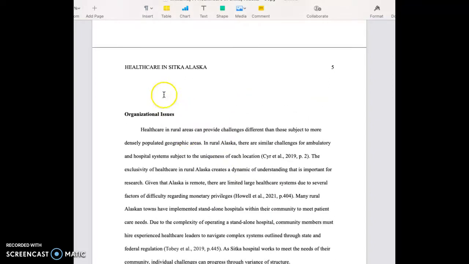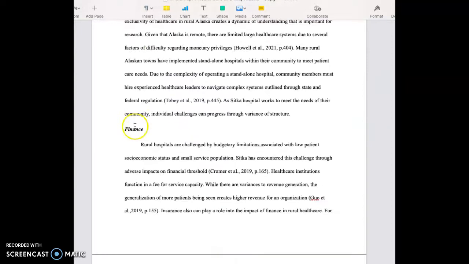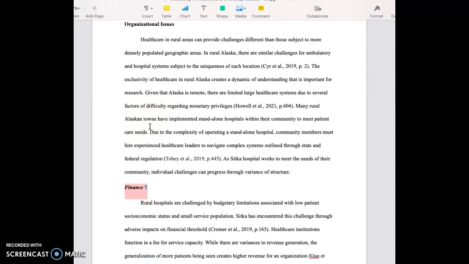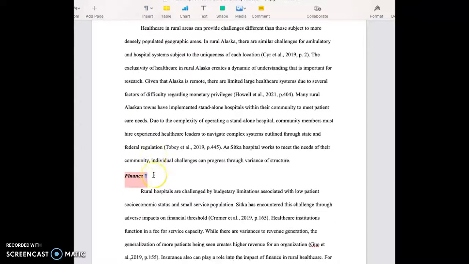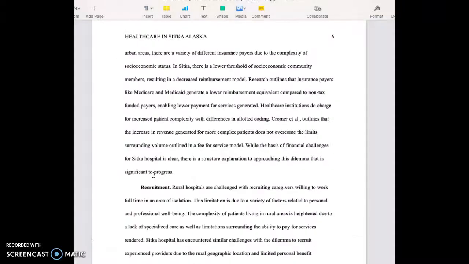As I move towards information related to that topic, I move to a level 2 header. So organizational issues is a part of Sitka Hospital. And then I move to a level 3 header when I talk about more intricacies within that topic. So finance is an organizational issue, so that's a level 3 header.